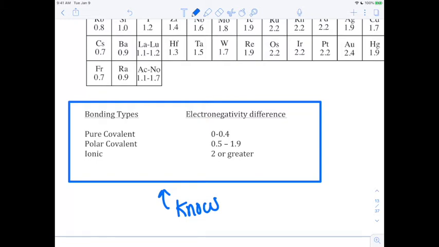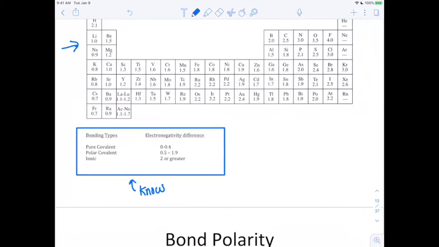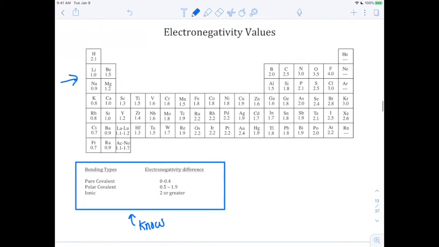So here, pure covalent, 0 to 0.4, and I went ahead and put polar covalent, 0.5 to 1.9, and ionic, 2 or greater. But again, I'm never going to give you one of those borderline values that make you kind of scratch your chin and have to figure it out. Questions on anything here so far?